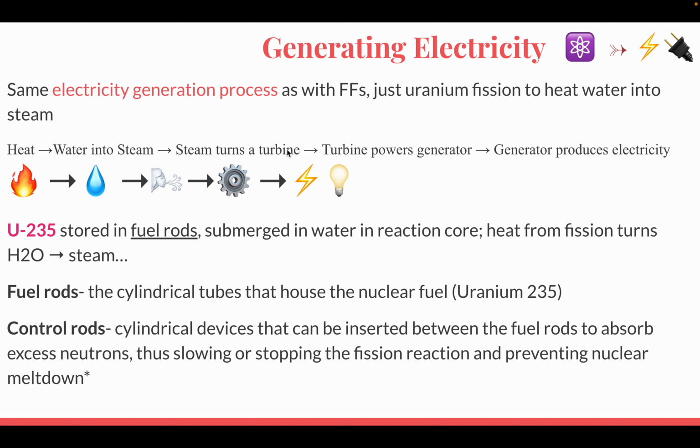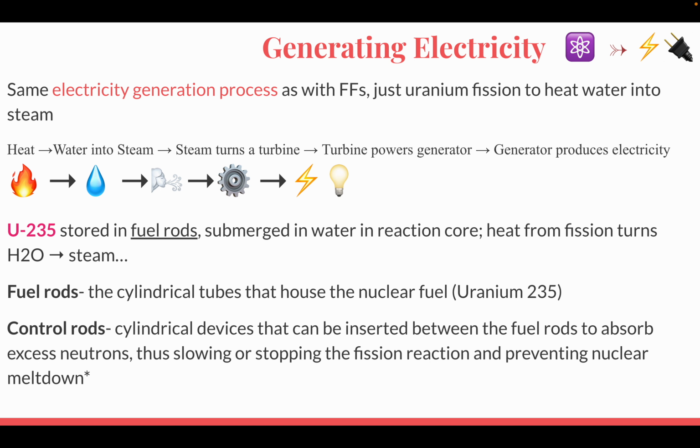Again, this is kind of like the central part of your answer for your FRQ. I'm going to ask you, how does X make electricity? This is the kind of order that you need to remember for most of the energy sources. So, uranium-235, we're going to have these in fuel rods. They're going to be submerged in water in the reactor core.